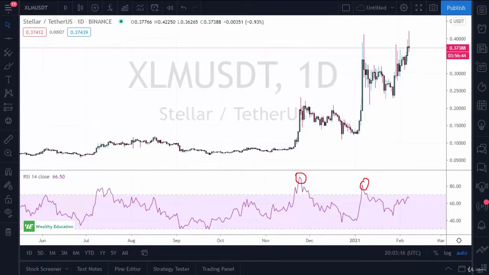There is also something known as divergence. If you remember in the MACD video, you had a higher high in price and a lower high on the indicator. And this oscillator tells you the same thing as well, that perhaps we may run into some trouble. It doesn't necessarily mean that you have to fall. It just suggests that you could.